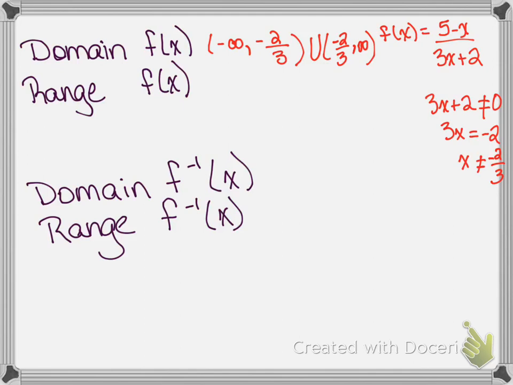If that is the domain of my original function, what is it associated with in my inverse? The range. So I'm going to write it where it says range: negative infinity to negative 2 over 3, union negative 2 over 3 to infinity.